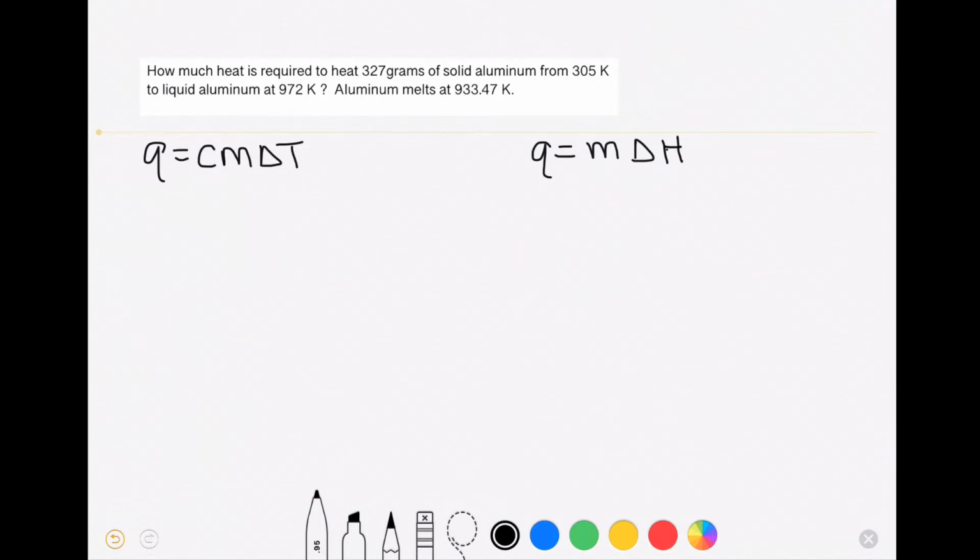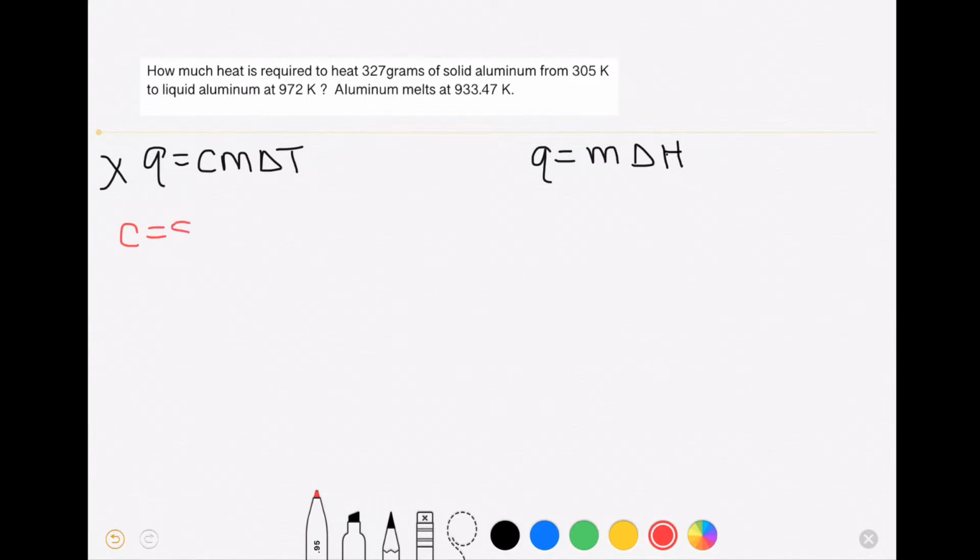So in the first equation, Q equals Cm delta T, you have a C, which stands for specific heat of the substance, and you can find the specific heat of substances in a chart, either in a chem textbook if you have one, or you can Google a specific heat chart, and it'll give you a list of different substances, the different states that they could be in, and the values for this.